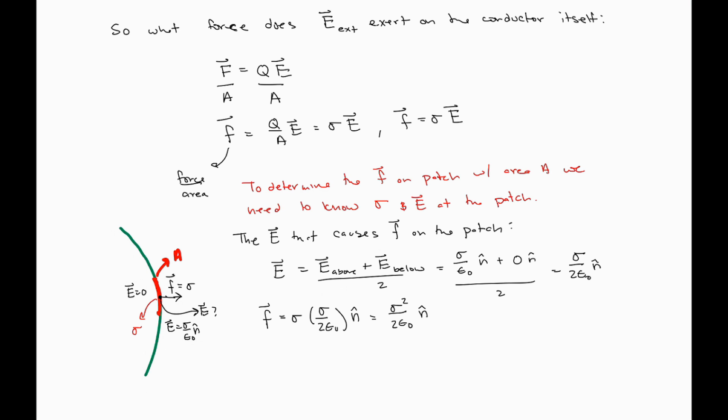So again, whether this patch is positively or negatively charged, it's going to go away because we're going to square our surface charge density. So if it's negative, it's going to go away. If it's positive, it's going to stay positive. It's going to exert a force on our little patch that is normal to the surface.